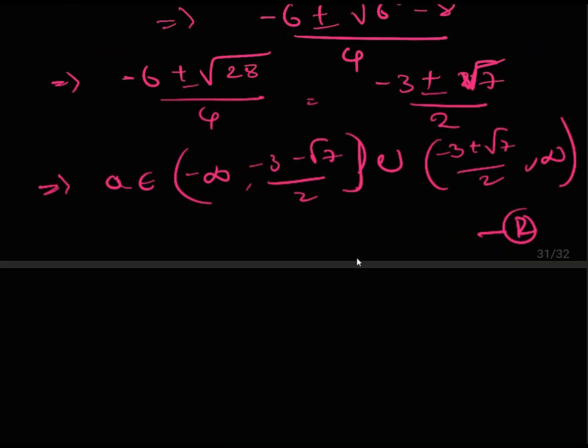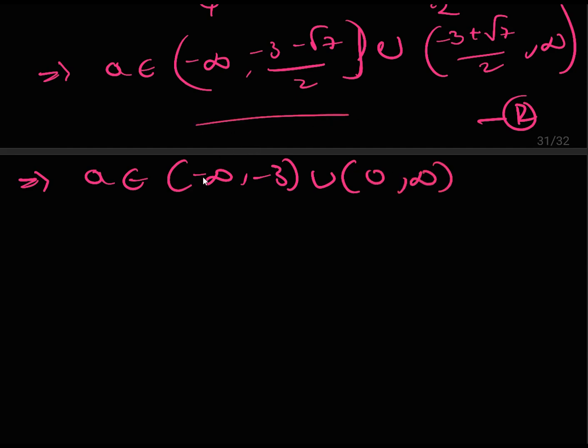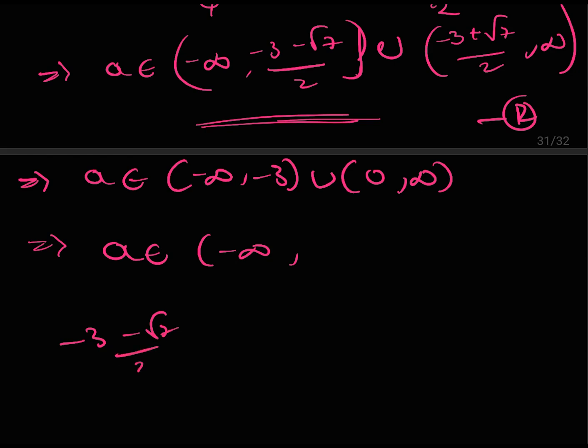Now, by taking the common part of these two, we get a belongs to minus infinity to minus 3 union 0 to infinity from the first range, and from this range, a belongs to minus infinity to (minus 3 minus root 7)/2, which is greater than minus 3.